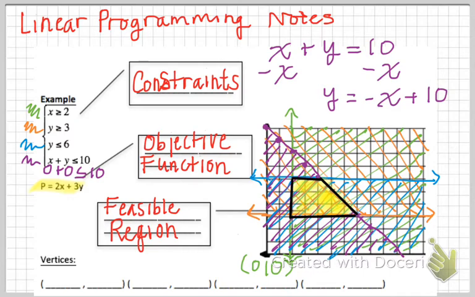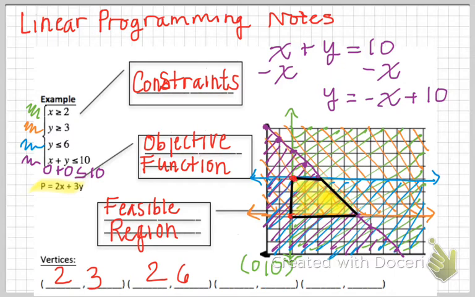We also have vertices of the region, which are the corners of the shape formed. So the idea here is I have a vertex at the point 2, 3, which is this point right here. My next vertex is at the point 2, 6, just directly above it.